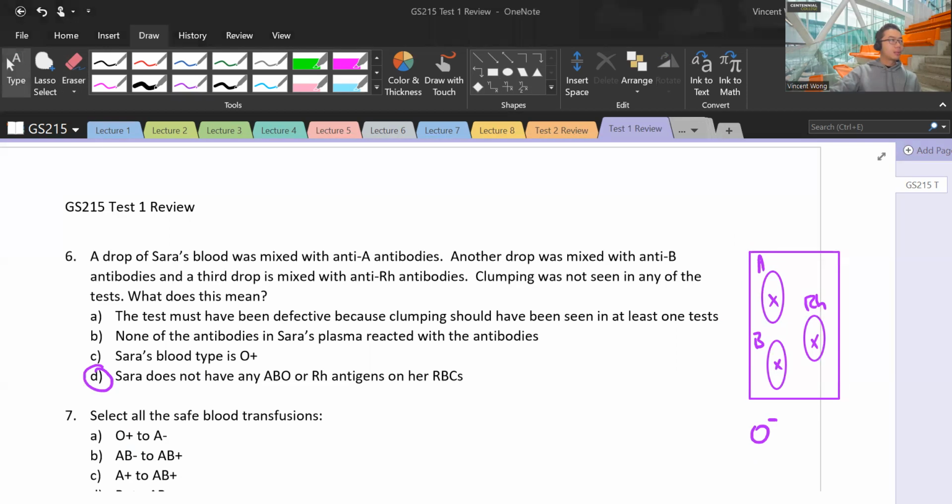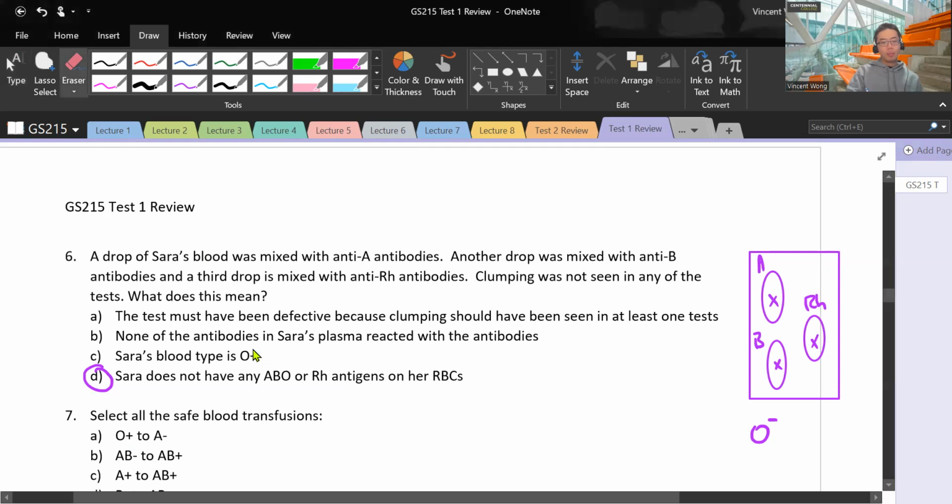Let's take a look at why some of the other ones are not true. Sarah's blood is O positive. Well, it's not positive because there's no reaction with anti-Rh. None of the antibodies in Sarah's plasma reacted with the antibodies. This is not correct at all, because when we do these kinds of blood tests, we don't add the plasma, we just add the RBC.